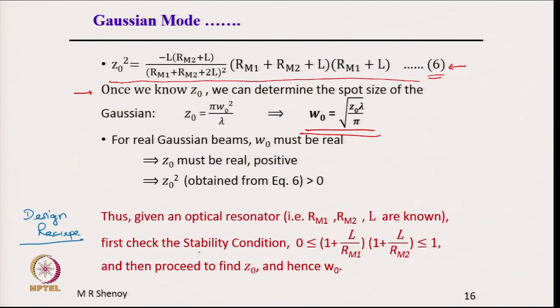First, check the stability condition, because we have to know whether it is a stable resonator or not, that is, G 1, G 2 should be between 0 and 1, and then proceed to find out Z naught, equation 6, and once you know Z naught, you know W naught. If you know W naught, you know the Gaussian. So, the Gaussian is obtained.